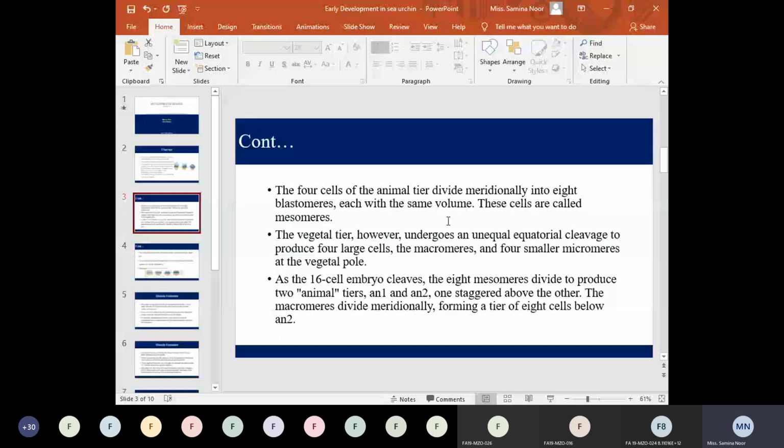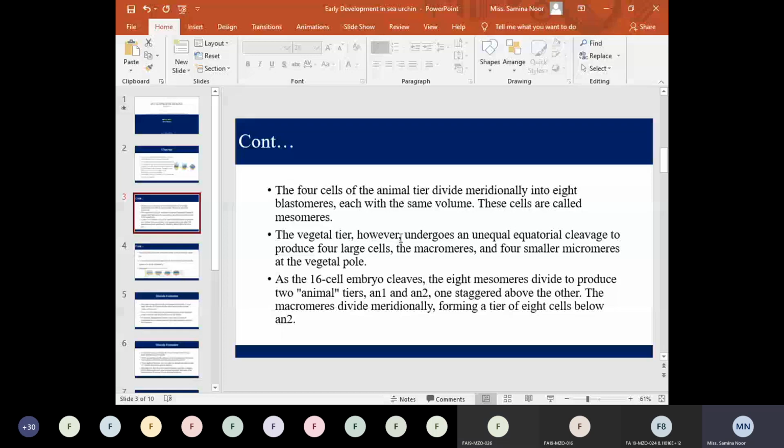In the fourth cleavage, cells of the animal tier or the animal hemisphere divide meridionally into 8 blastomeres, each with the same volume. Such cells of the animal hemisphere, which divide meridionally, are known as mesomeres.